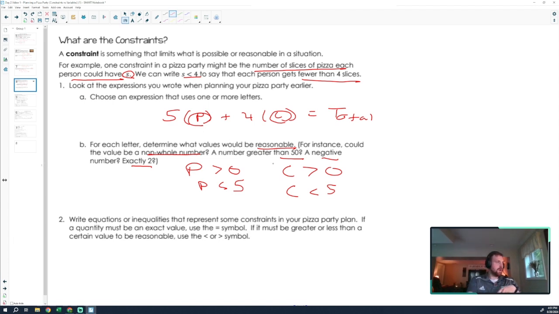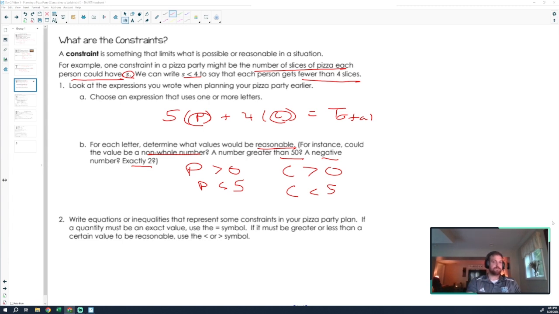All right, also, write equations or inequalities that represent some constraints in your pizza party plan. If a quantity must be an exact value, use the equal symbol. If it must be greater or less than a certain value to be reasonable, use the less than or greater than symbols, which again, you've done this a lot.